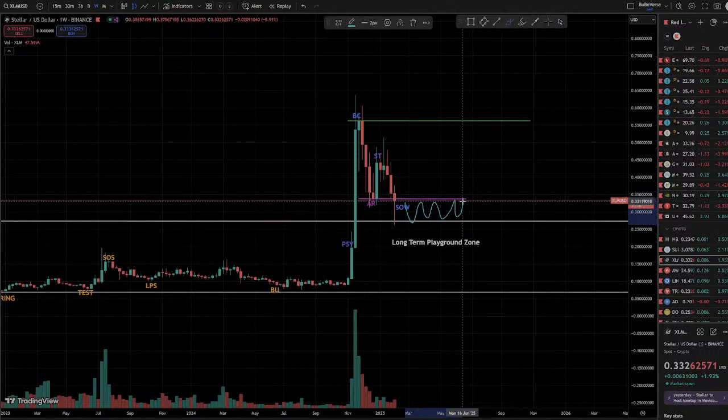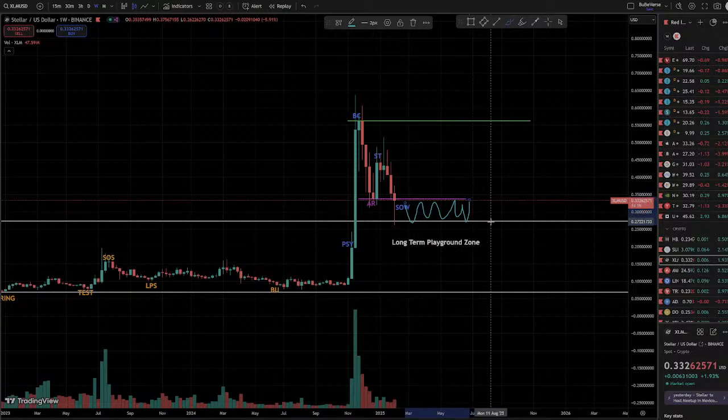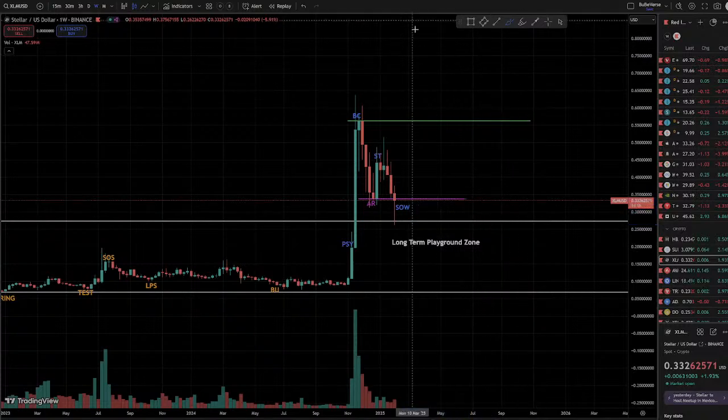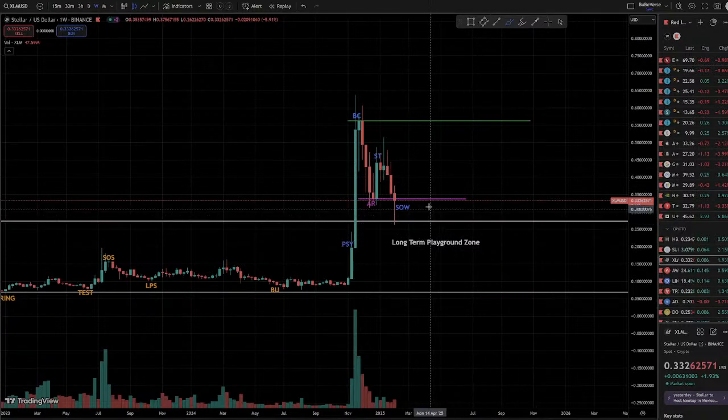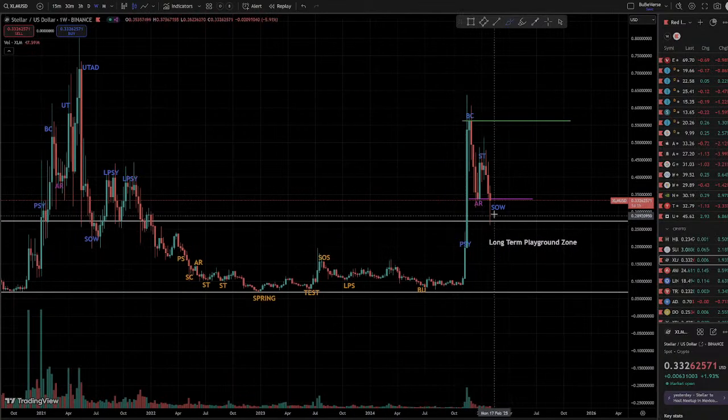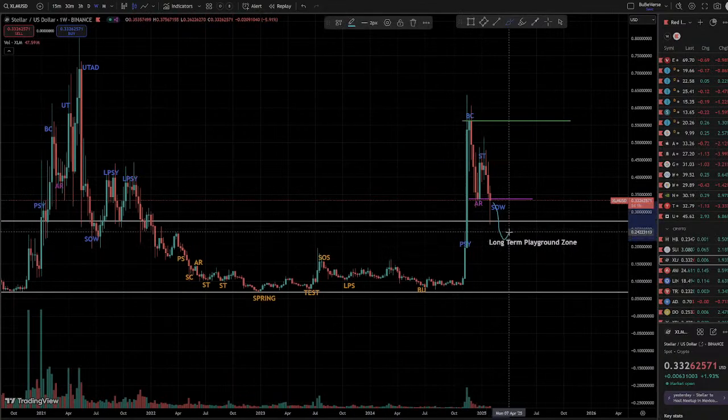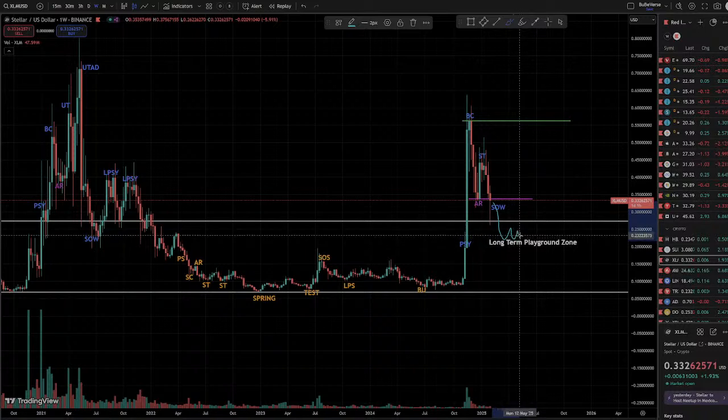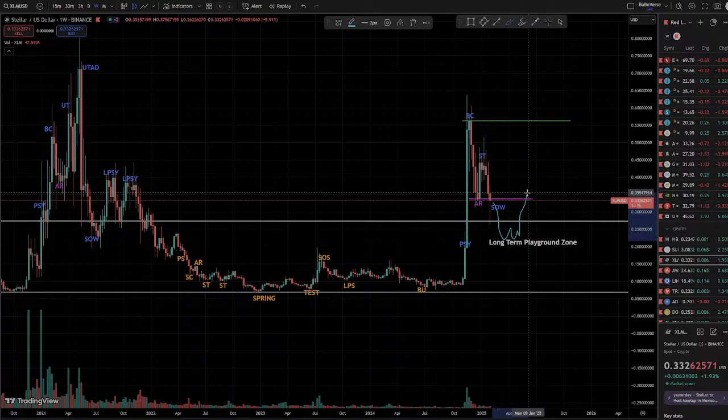This can be a trading range, a pretty narrow one, somewhere between 27 cents to 34 cents roughly. So it can happen that way, or it can happen similar to last time, return to the zone, find a support level, and then bounce.